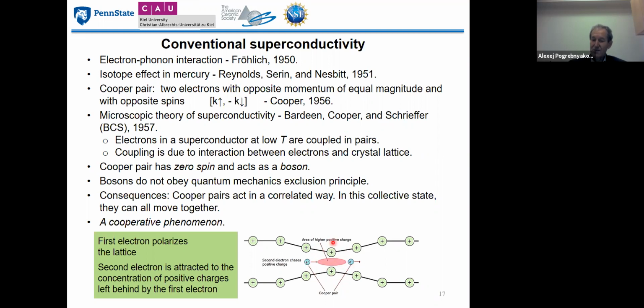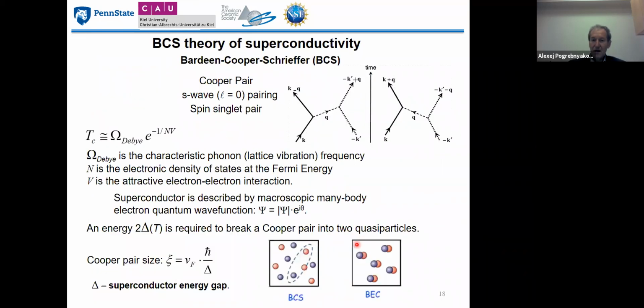That's how this picture of superconductivity works. But this is a very crude approximation, and actually in quantum field theory, this process is considered as one of the electrons with momentum k emitting a phonon with momentum q and being scattered with momentum k minus q.